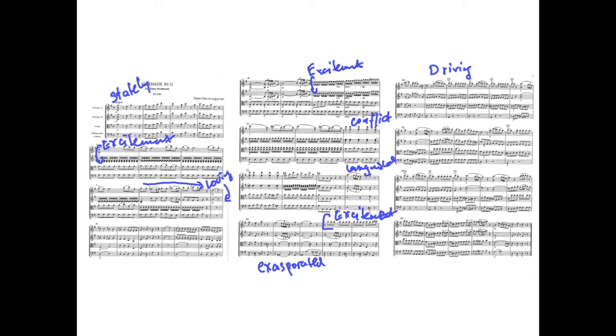And here we have rhythmic unison again, all together. Unified to bring us back to that stately feel, and the ending just sort of hinting a little bit about that sort of loving and languished feel right there.